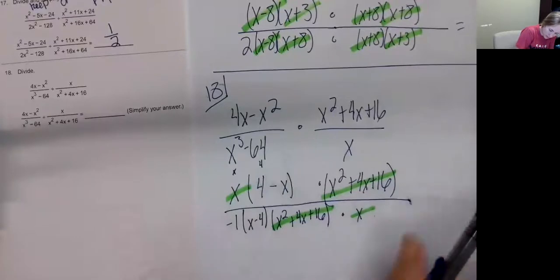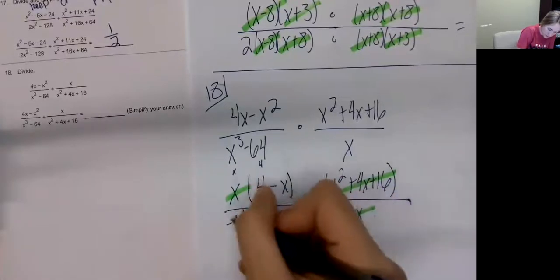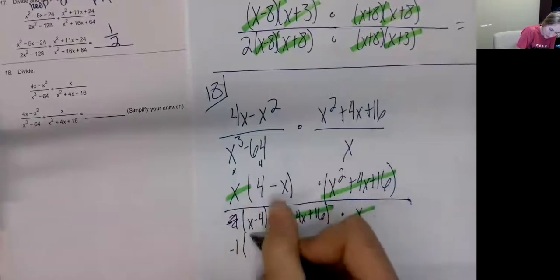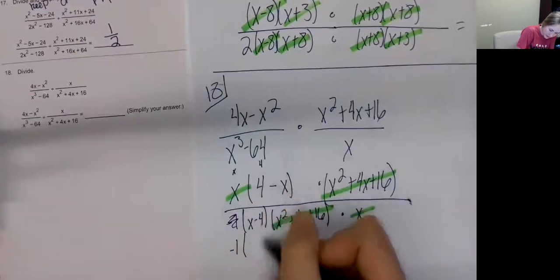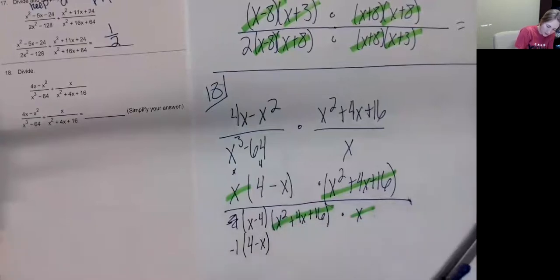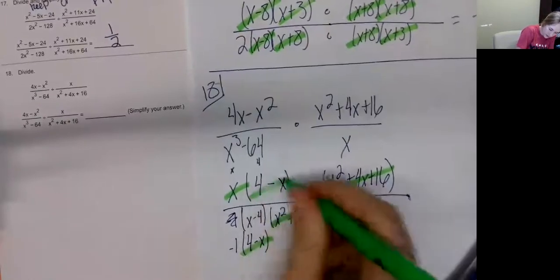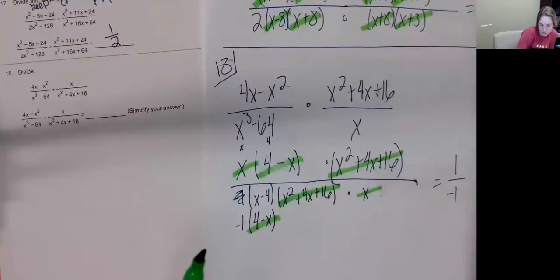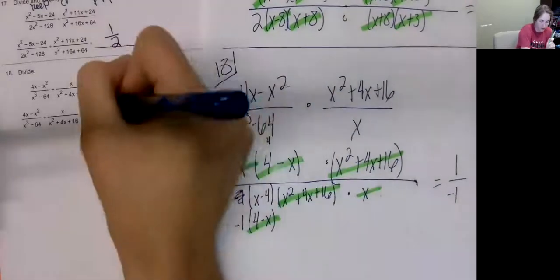We'd have -1 here. And that would make it a -x and a -4. So we'd have 4 subtract x. And then these would cancel. So our answer is going to be 1 over -1, or just -1.